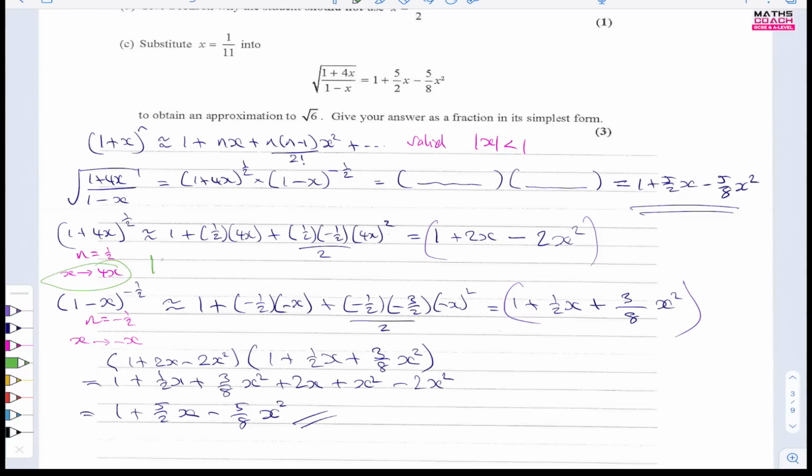So the modulus of 4x has to be less than 1, which means the modulus of x has to be less than a quarter. For the second expansion, this is what we said, which means the modulus of minus x is less than 1. That's the same as saying modulus of x is less than 1. But for both expansions to be valid, we take the smaller one. So for both of them to work, x has to be less than 1/4.